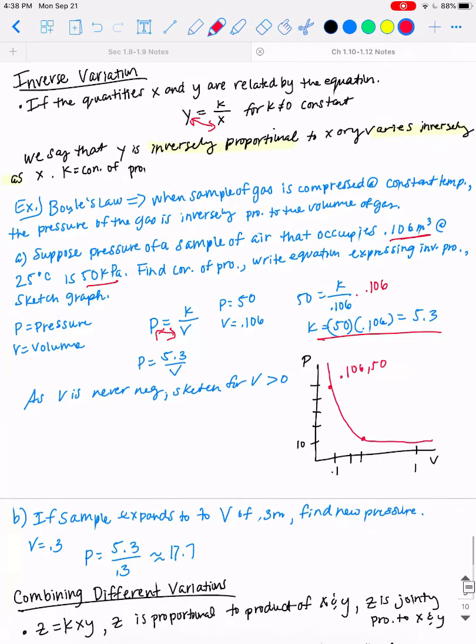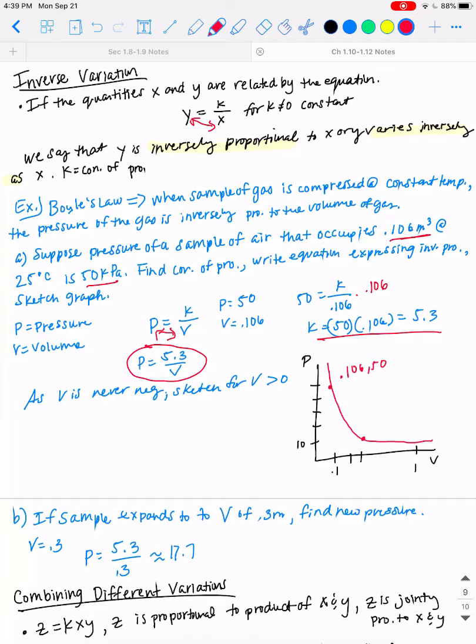Alright, and then we're going to go ahead and graph that. So we could end up writing P equals 5.3 over V when we plug our K back in. By graphing it, we know our V is never going to be negative because you can't have a negative volume. So we're going to just show the positive values for V greater than 0.